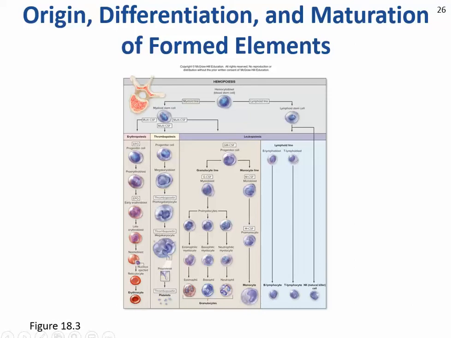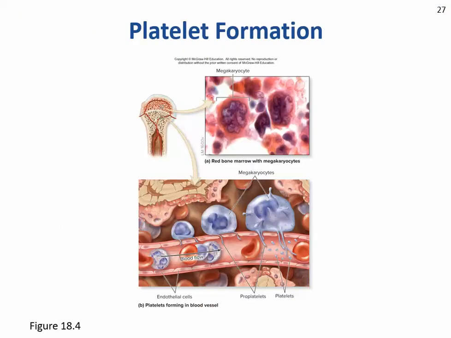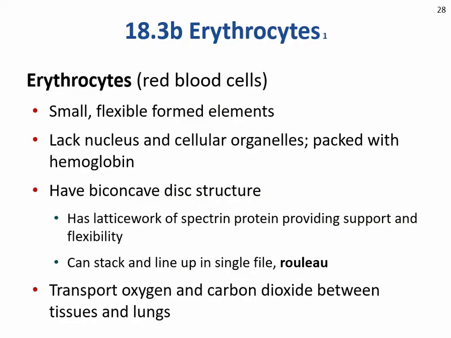Thus, all the formed elements come from the same hemocytoblast stem cell. The only thing that differentiates is the factors that cause changes. So you can see how the megakaryocyte pushing through the holes in the capillary gets sheared off. We will continue the next video on red blood cells.